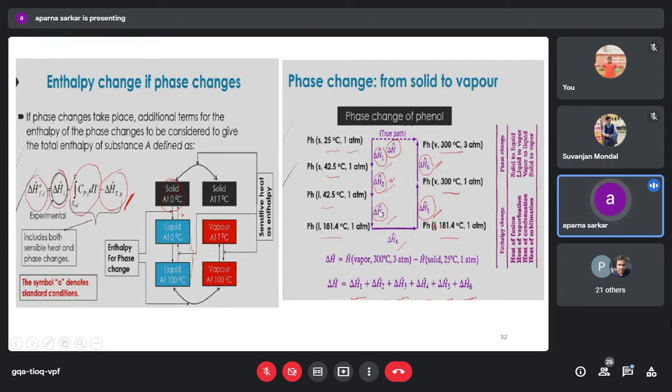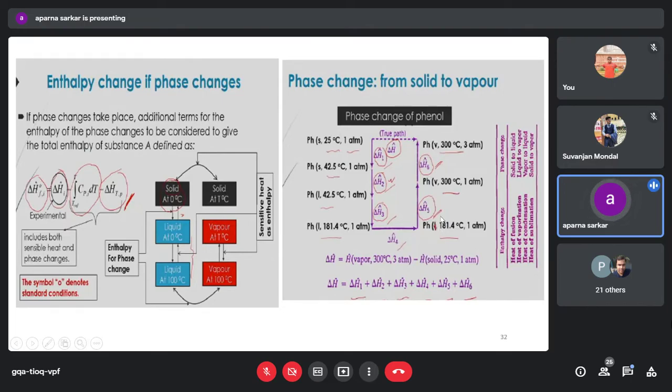Then del H3 is the heat of formation. Again you increase the temperature, at 181.4 degrees centigrade and 1 atm, the heat changes again, maybe slightly, so we see del H4 and we still have the liquid.